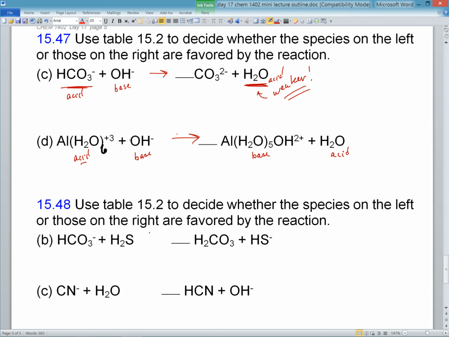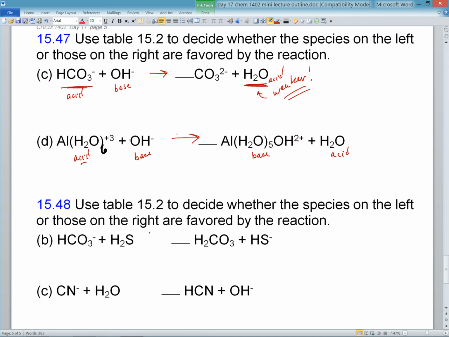So which one's weaker? This one. Where is it? I lost it. Oh yeah, there's H2CO3. They're right on top of one another.